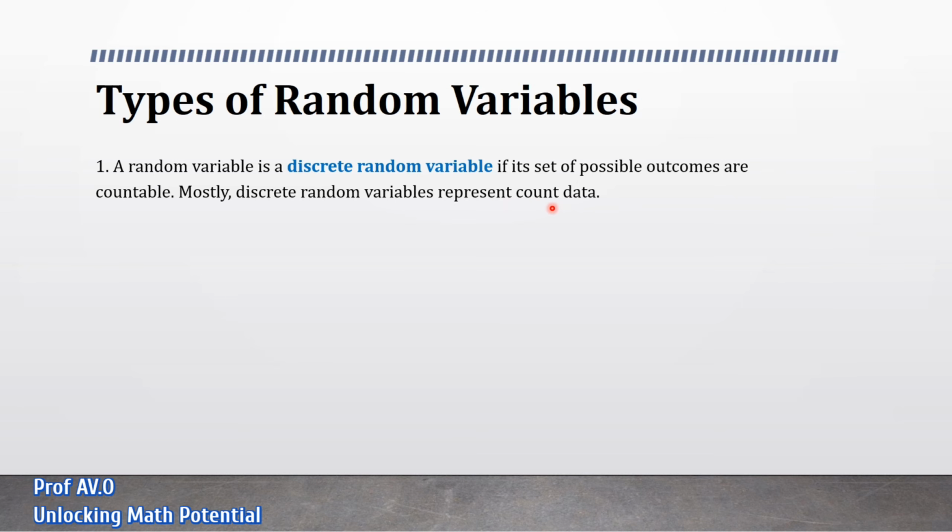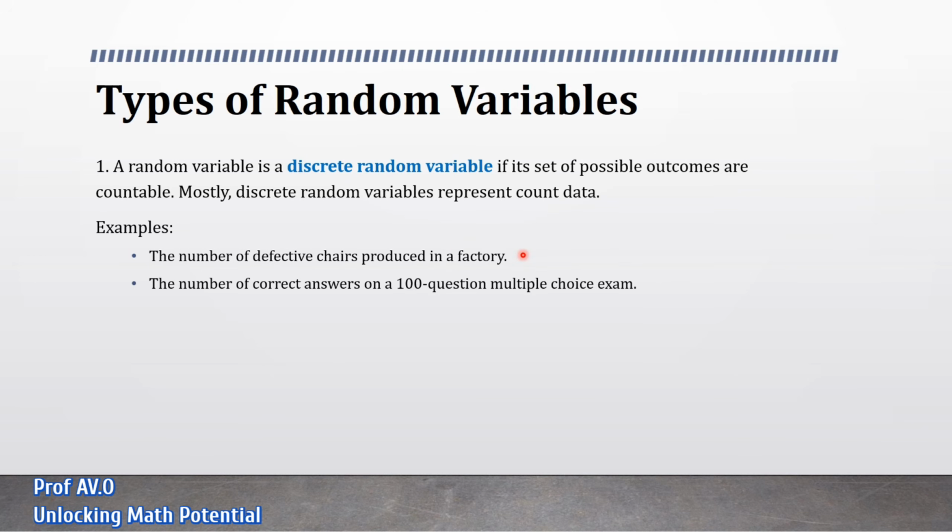Okay, so the example of that is we have the number of defective chairs produced in a factory. So diba, we can count the defective chairs that are being produced in the factory. Next, we have the number of correct answers on a 100 question multiple choice exam.